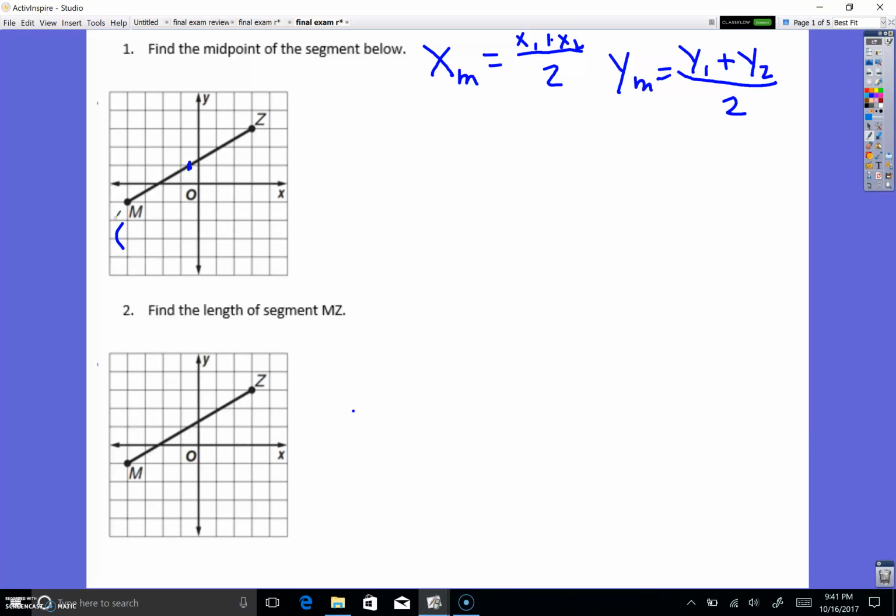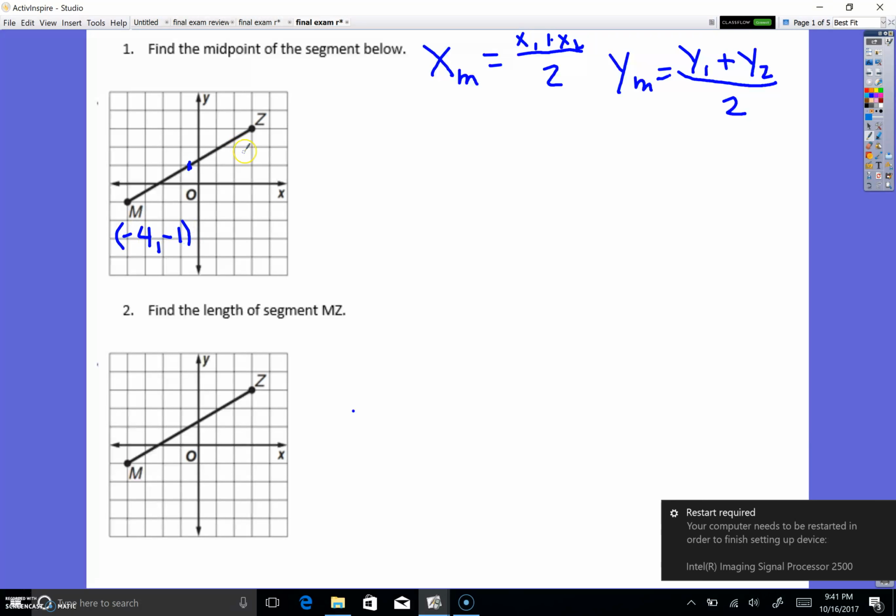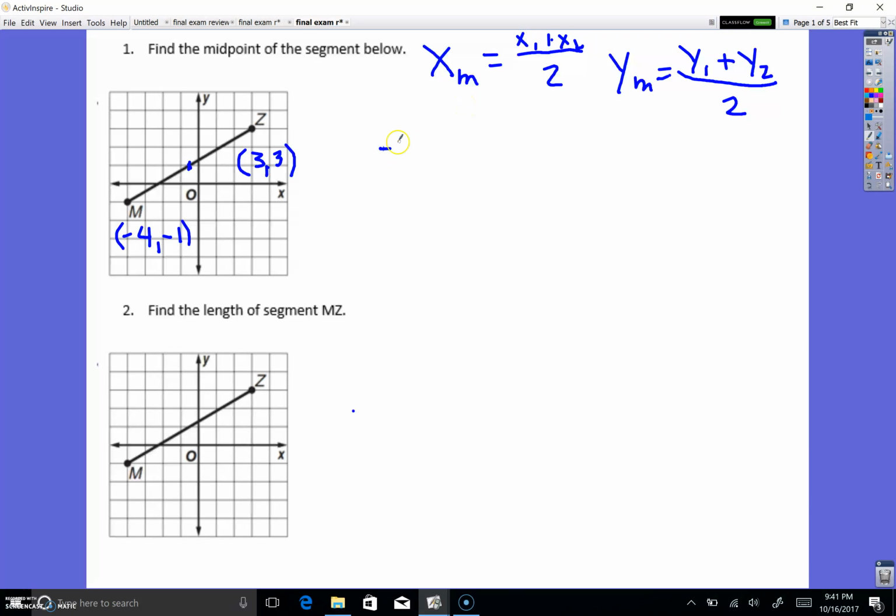First thing we do, we find our points. 1, 2, 3, 4, -4, -1. And z is 1, 2, 3, 1, 2, 3. Okay, so let's look at this. x1 plus x2, so we do -4 plus 3 divided by 2.